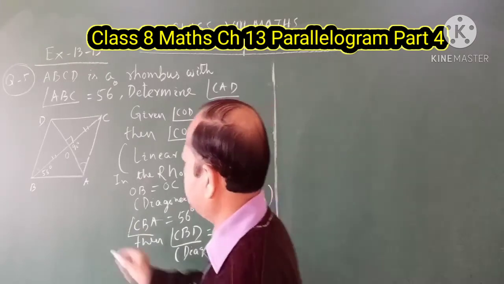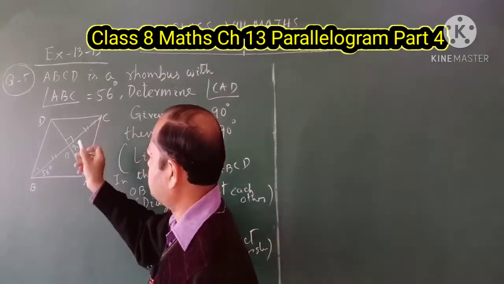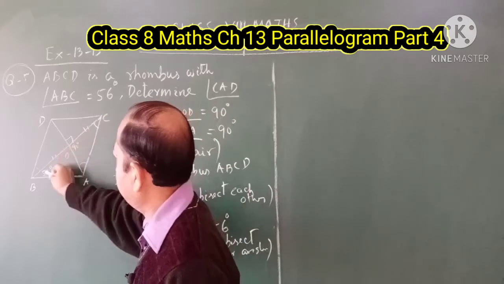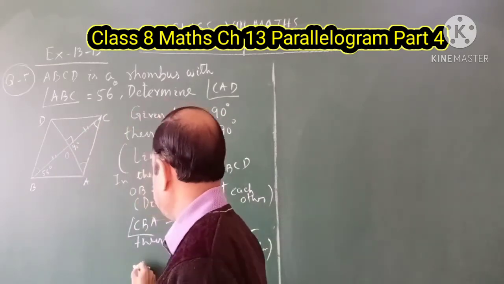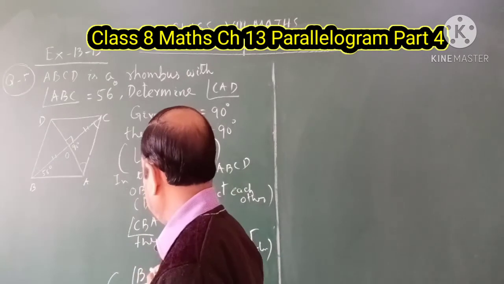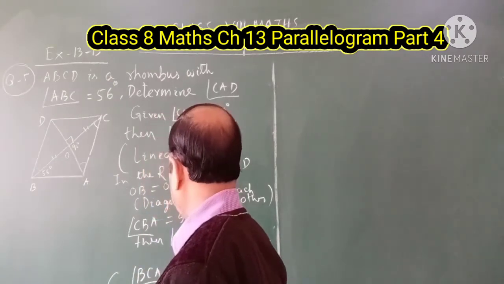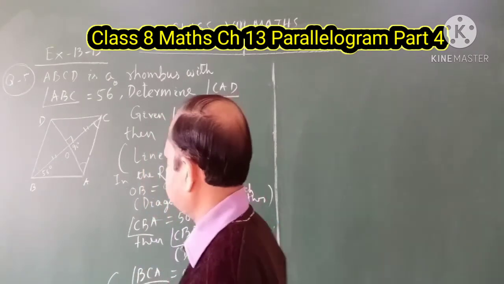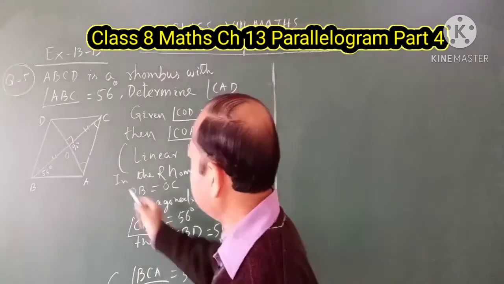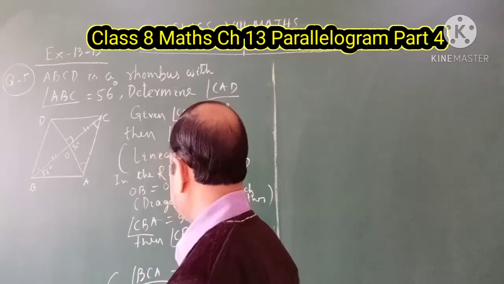Then if it is 56 degrees, then this also is 56 degrees. Which angle? This angle, angle BCA. So write down, angle BCA equal to 56 degrees, because it is a bisecting angle, meaning both are equal. So BCA is also 56 degrees. What is the reason?